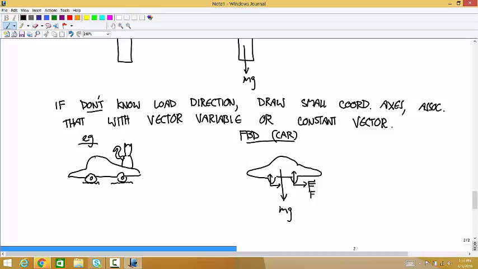Over here, these coordinate axes are associated with the vector FR for rear, and here it's associated with the force applied by the cat.